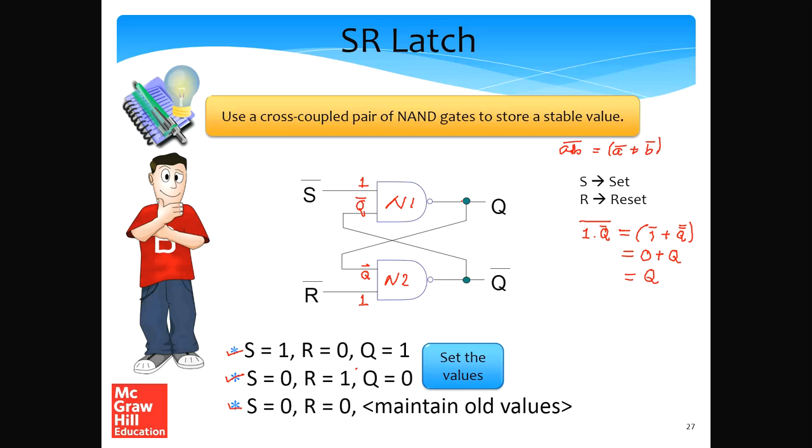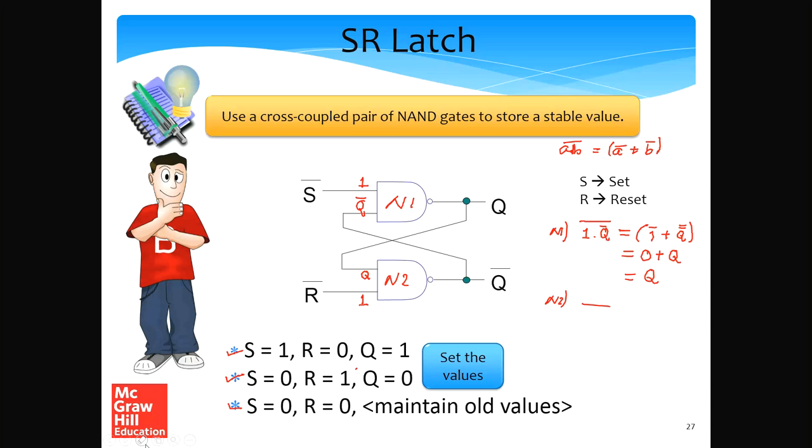And similarly, for the case of N2, what I can do is something very similar. Oops, sorry. This value here is supposed to be Q, and for some reason it's Q bar, which is not correct.